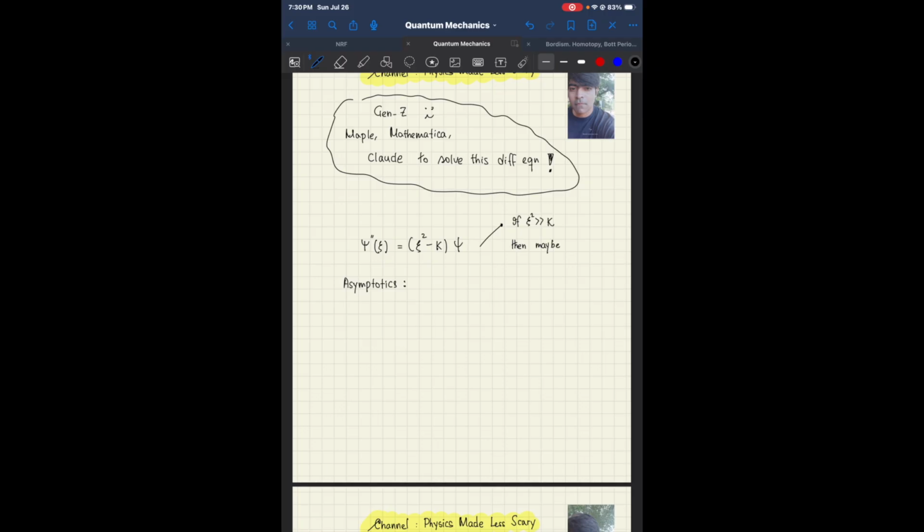It will give you an approximate solution. It's important to realize, for the time being, if you ignore k, it certainly will not be the exact solution, right?